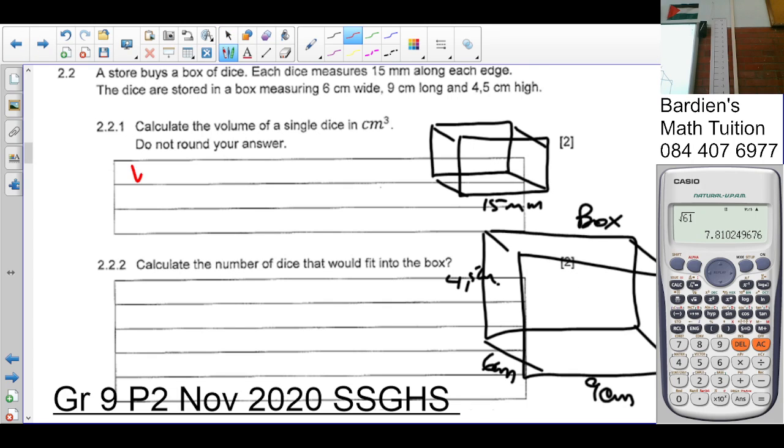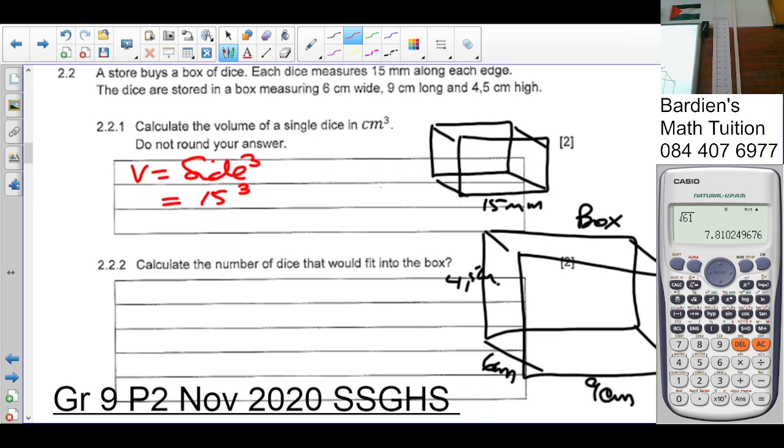How do you calculate the volume? Perimeter of base times height? No. Area of base times height. Yes, Michael? L times B times H. Yes, L times B times H is all the same. So it's basically side cubed. Not so? So this will simply be 15 cubed, or 15 times 15 times 15.